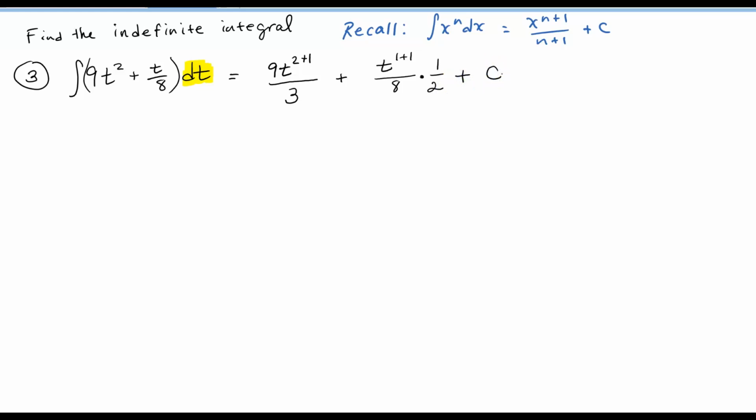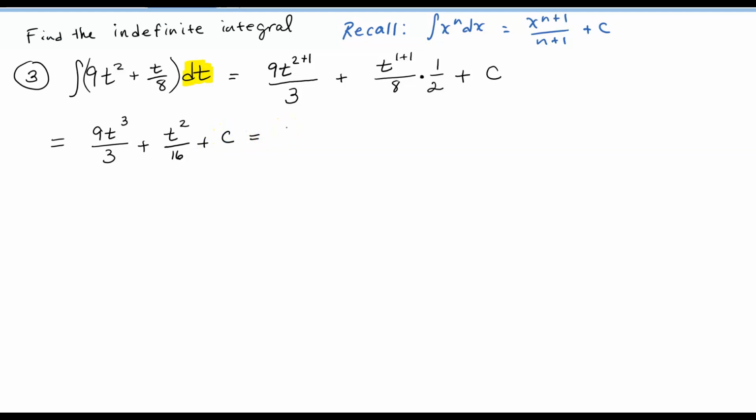So I'm almost done. I have 9t to the third power divided by 3 plus t to the second power, and then you can multiply the denominators of the fraction over here, 8 times 2, and that gives you 16. And then, of course, you tack on your arbitrary constant of integration, and we're almost done.